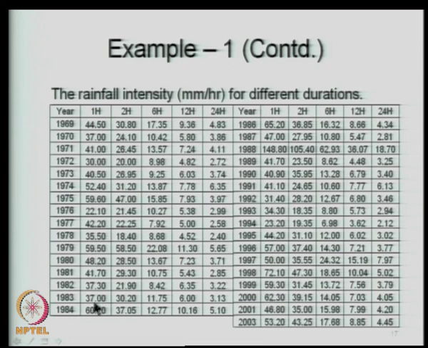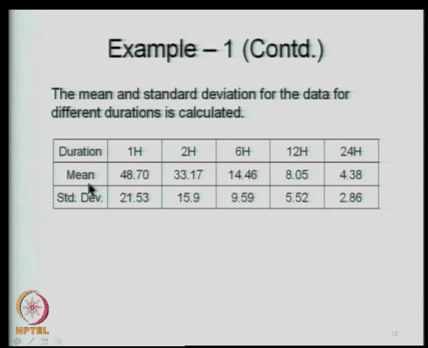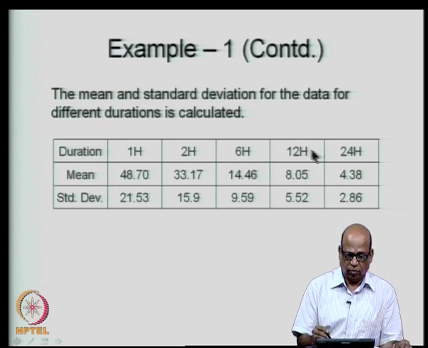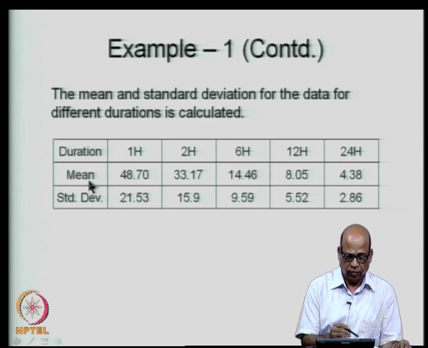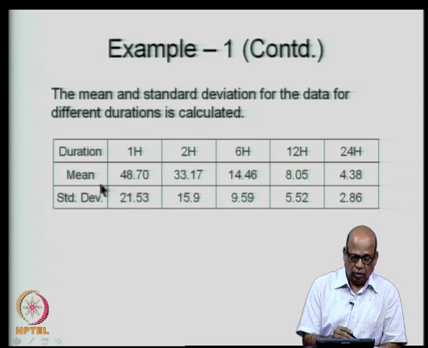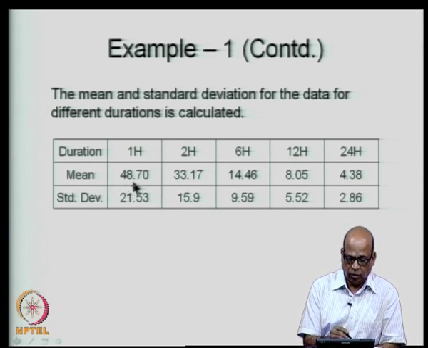Corresponding to each of these series now, we compute the x bar and s. So, the mean and the standard deviation for 1 hour, 2 hours, 6 hours, 12 hours, 24 hours is computed from this data. Now, this is in intensity, therefore, the units are 48.7 millimeters per hour and so on.